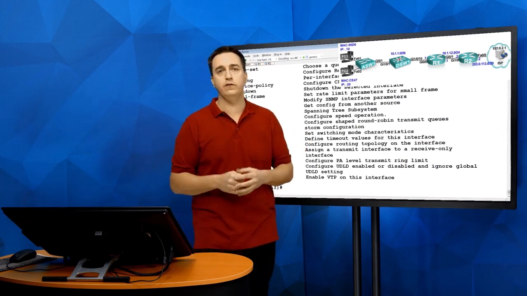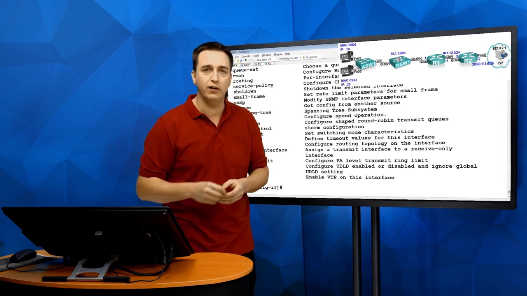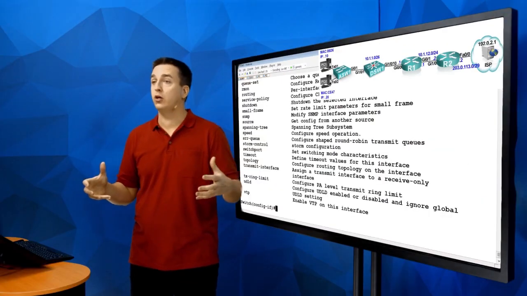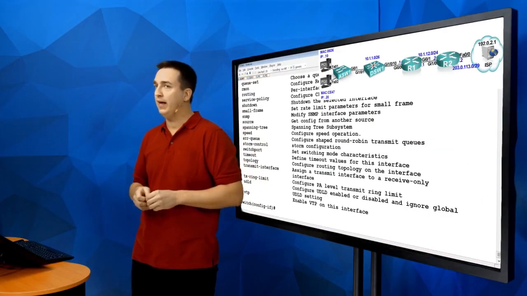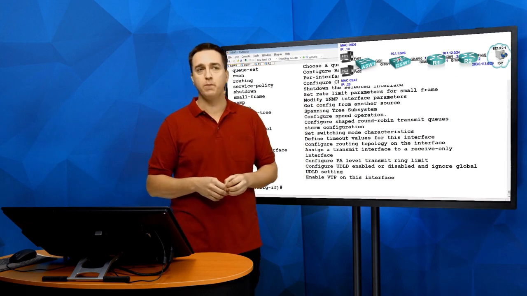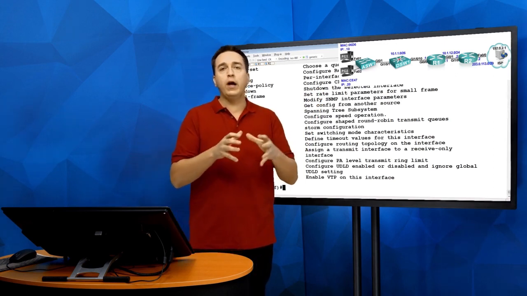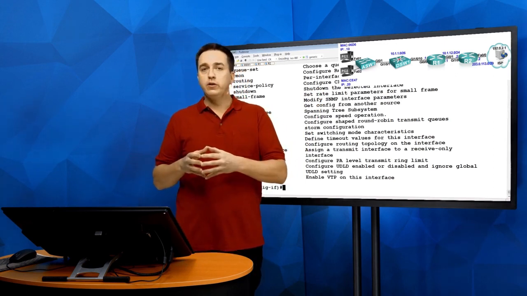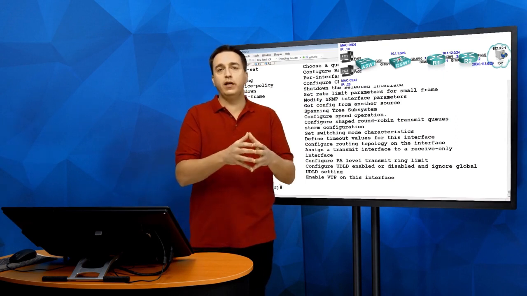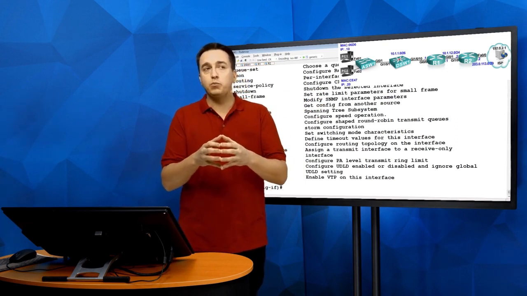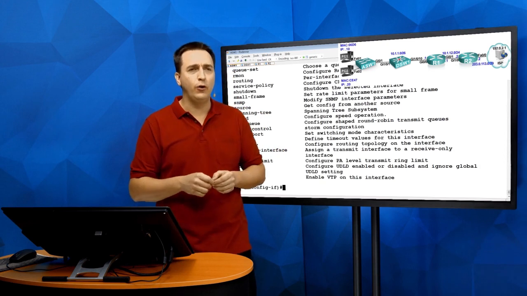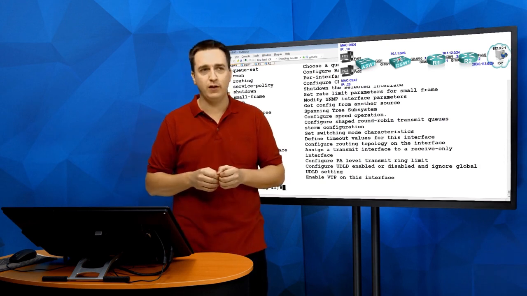Well, you do it on an interface. What about duplex settings? On an interface. What about spanning tree protocol? Global configuration mode. What about VLANs? Global configuration mode. So knowing where to go to perform the configurations you need is probably more important than knowing the actual commands for those configurations.